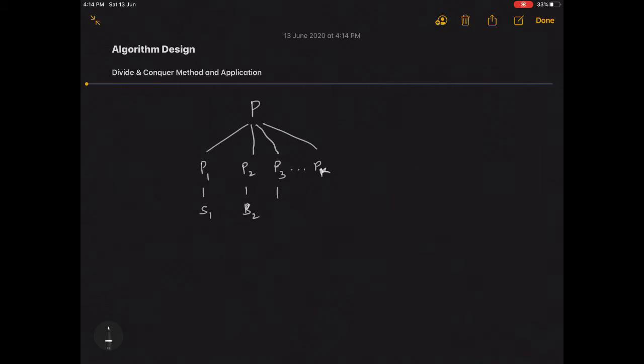For P3 the corresponding solution will be S3, and so on up to Sk for Pk. Now we had divided the problem into sub problems, and each had its own solution. Once we have the solutions, we again combine them to get back the bigger solution.